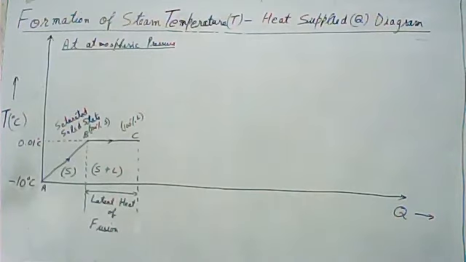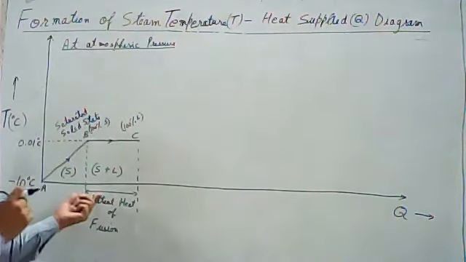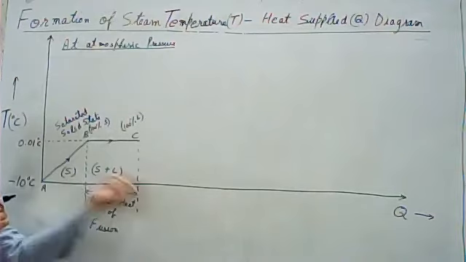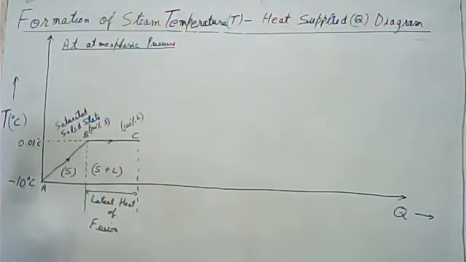And the heat required to convert solid ice into liquid is known as latent heat of fusion. So this much heat is required to convert solid ice into liquid water. Or it is also known as enthalpy of fusion. Latent heat of fusion or enthalpy of fusion.